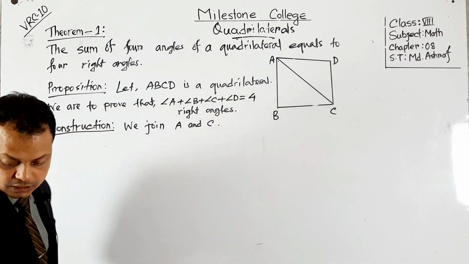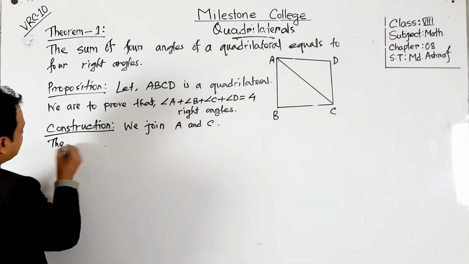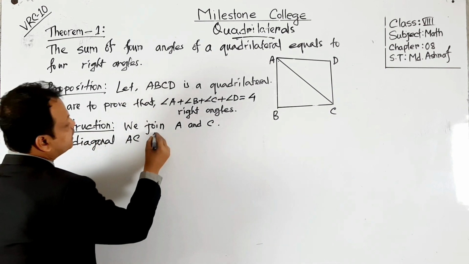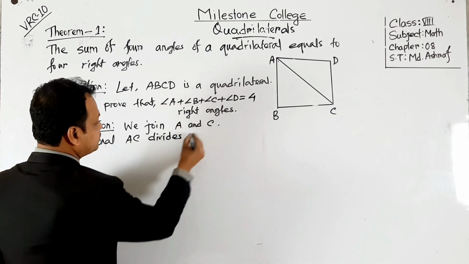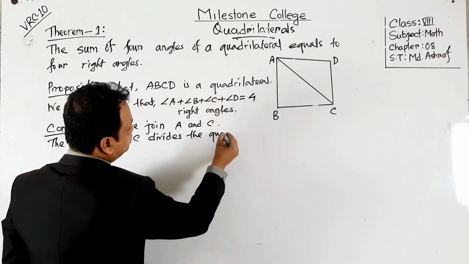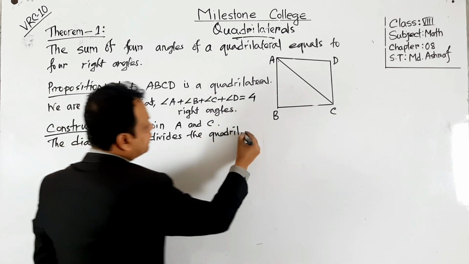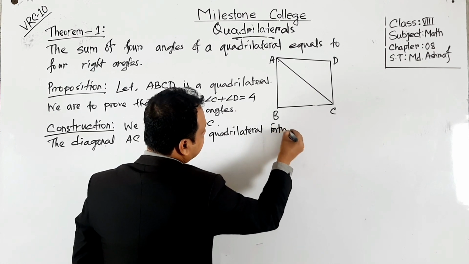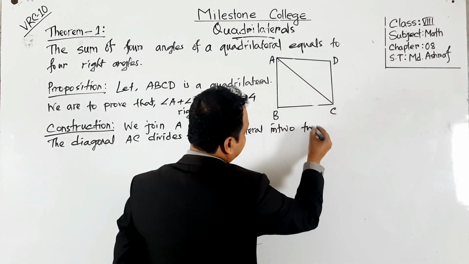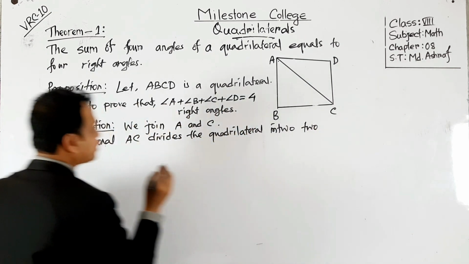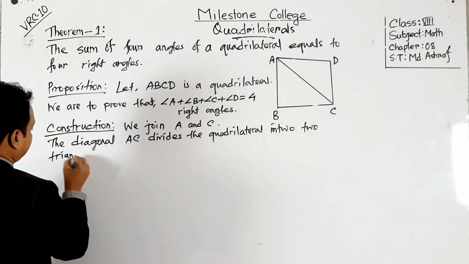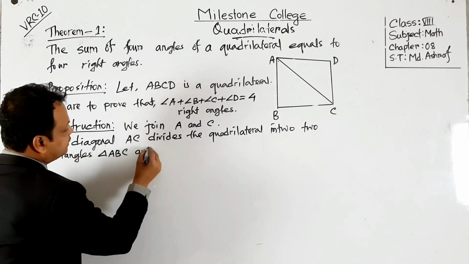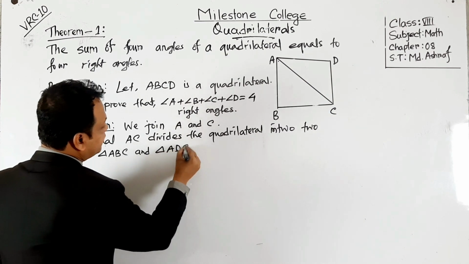So we will write: the diagonal AC divides the quadrilateral into two triangles, triangle ABC and triangle ADC.